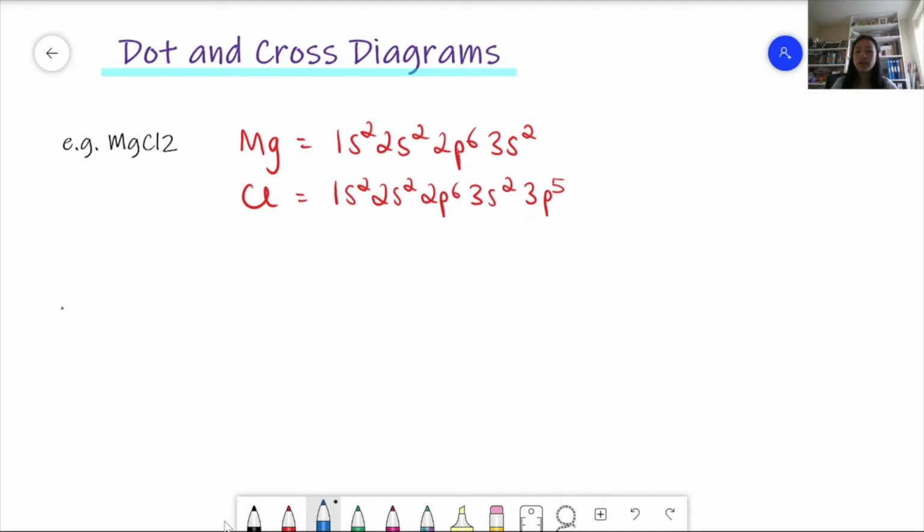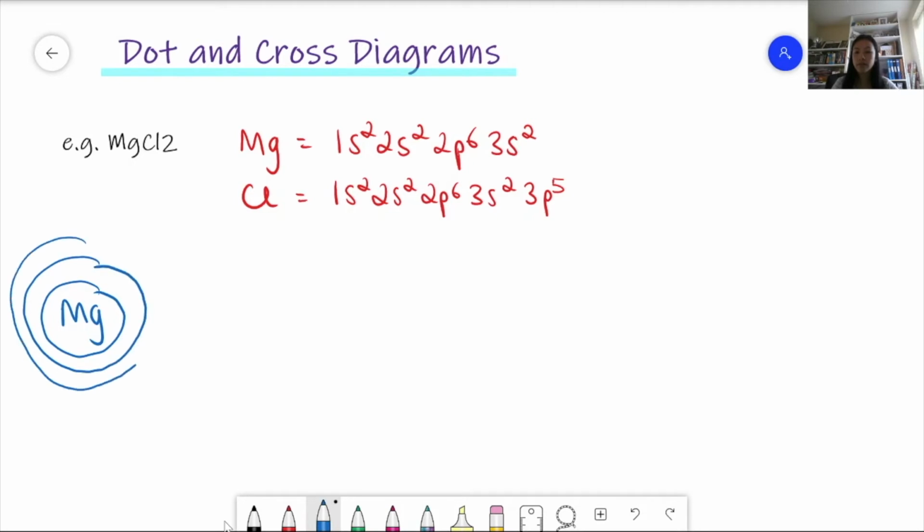So magnesium, we have 3 shells. In the first shell we have 2 electrons. Then we have 8, and then we have 2 on the outside.